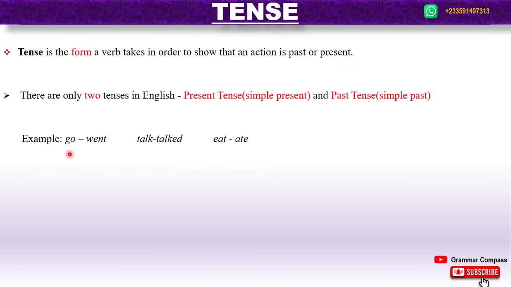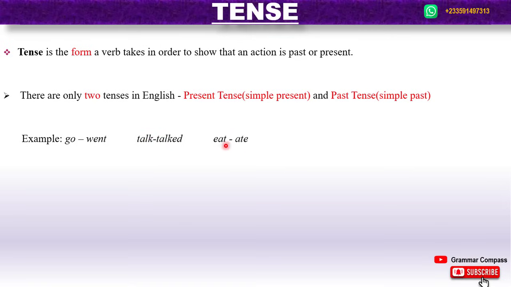For example, go shows present and its past form is went. So we have seen that go has changed its form to show the past tense. Also, talk is in the present and talked is the past tense of talk. This means that the English verb can change from present to past.